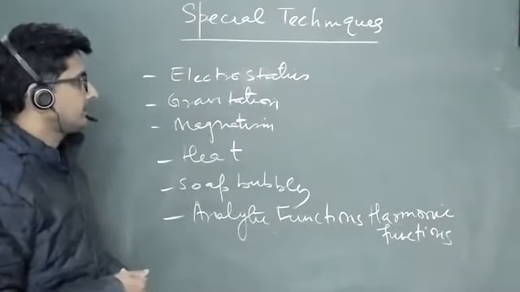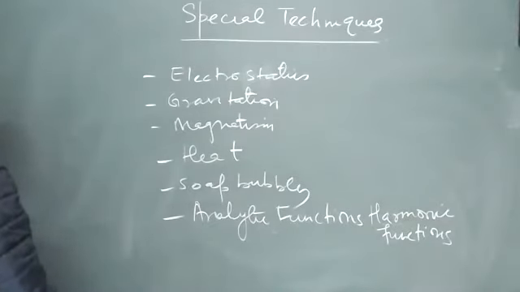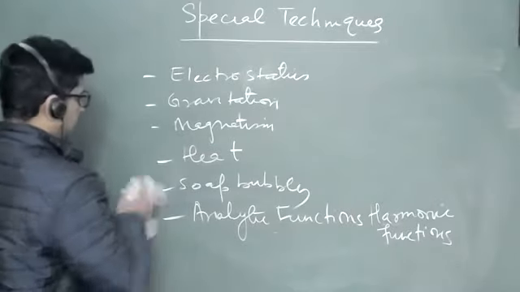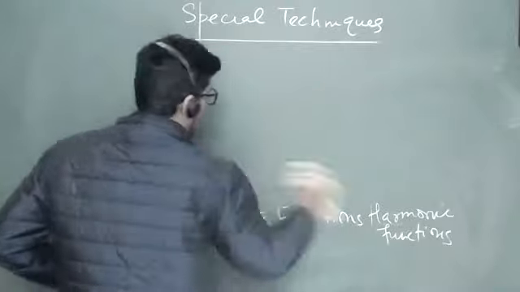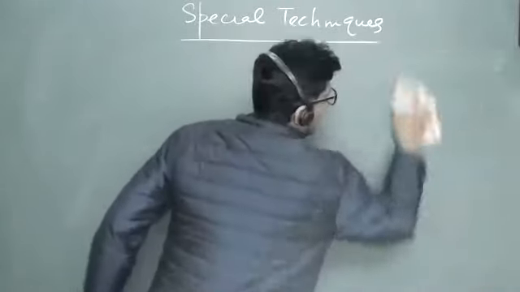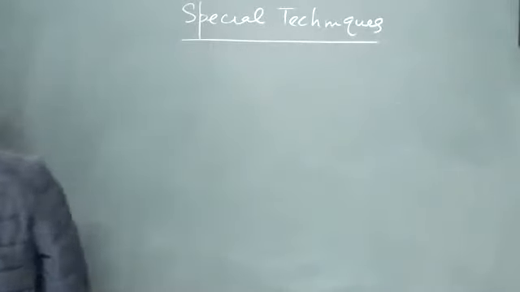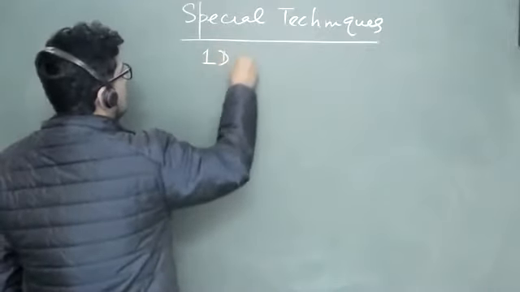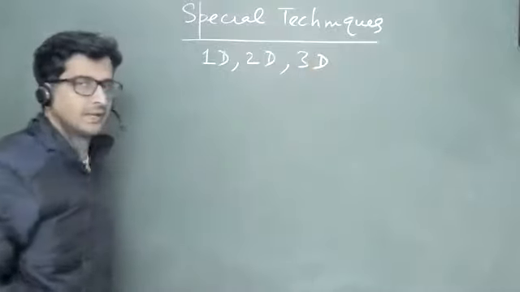Okay. Now, you know that it will depend on the dimension. The complexity of the equation will depend on the dimensions. So 1D भी हो सकता है, 2D भी हो सकता है, 3D भी हो सकता है. Laplace equation, right?